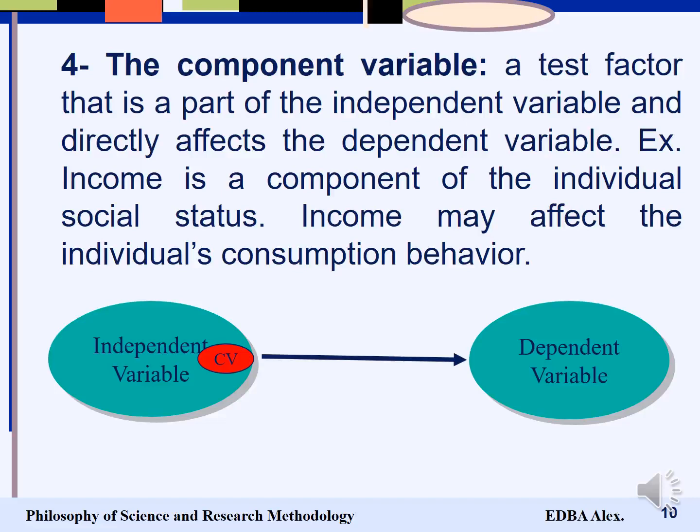For example, here, income is a component of the individual's social status. The independent variable here is social status, and there is a relationship between social status and individual consumption behavior. Actually, the entire social status does not affect the dependent variable, the consumption behavior. It is a part of it, which is income.